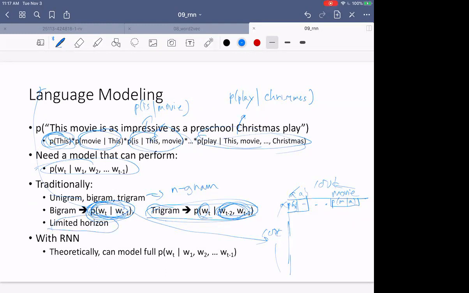If we choose bigram, your current word only depends on the previous word. If you use trigram, it only depends on 2 previous words. If you use 4-gram, it only depends on 3 previous words. So it doesn't care about what happened before that. It's a limited horizon. With RNN, all these problems are solved. You just have one model that can do this, and it can deal with variable length sequences.